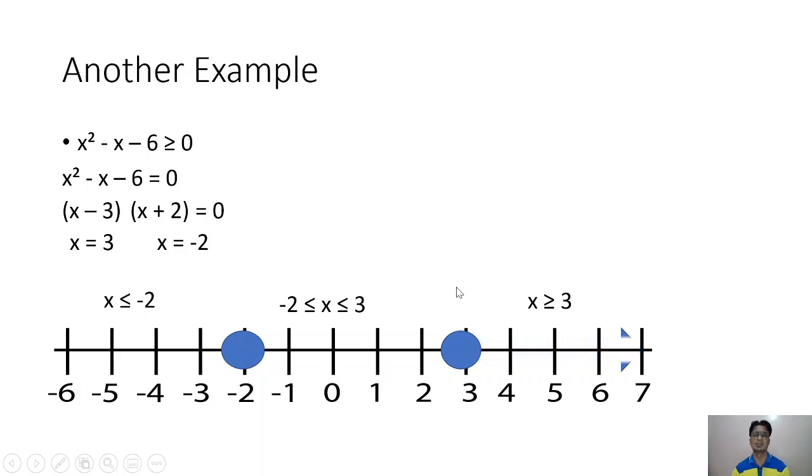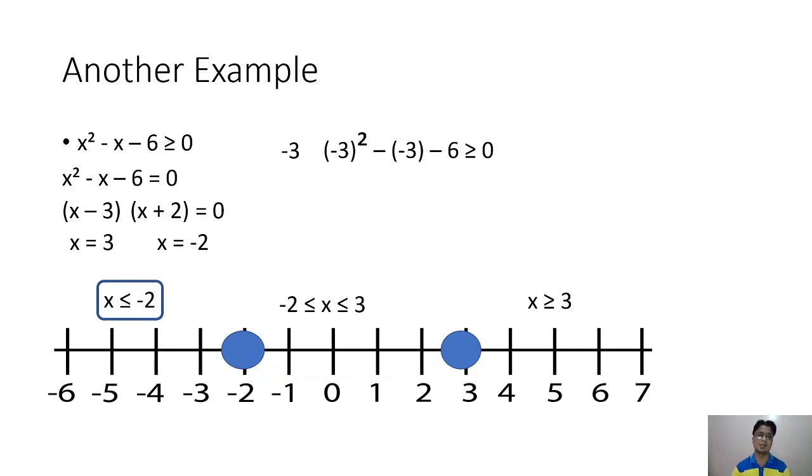Okay. Try natin. Dito muna tayo. Again, we will pick any number and negative 3 yung nakuha po ni Sir. Substitute. Saan? Dun sa original inequality natin. That will give us 9 plus 3 minus 6 greater than or equal to 0.